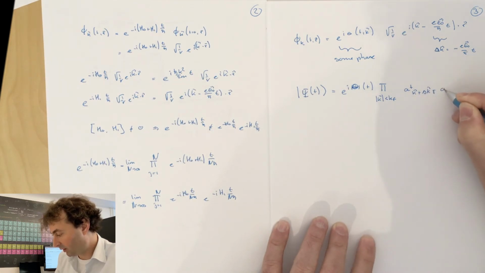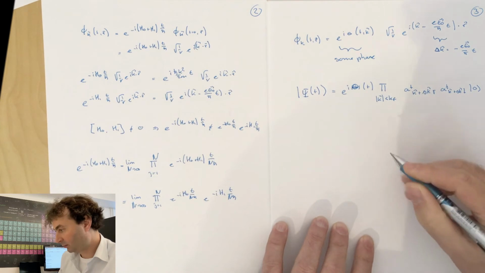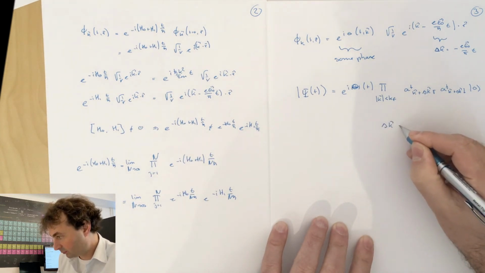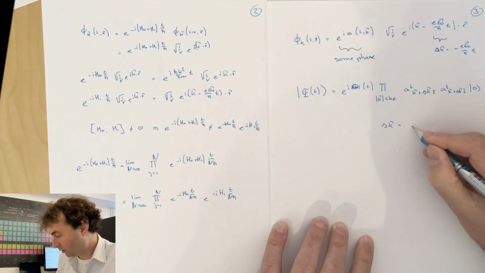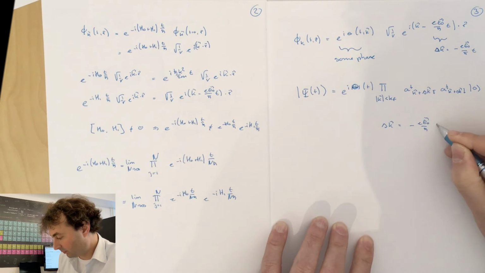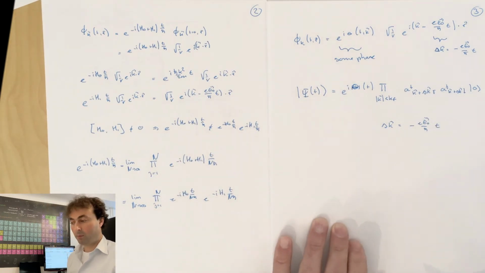For spin up, we could generate an electron at k plus delta k. For spin down, out of the vacuum, and delta k is minus e0 over h bar times t.